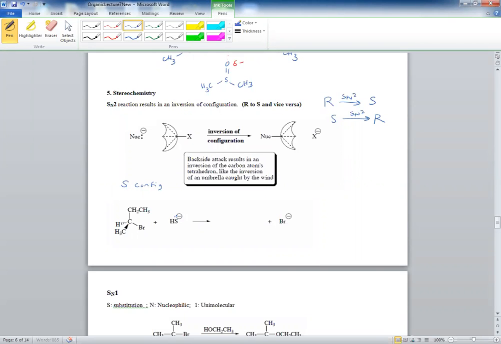The nucleophile, we need to put the lone pairs, would do a backside attack, and the product would look like this. Let me get more space here.